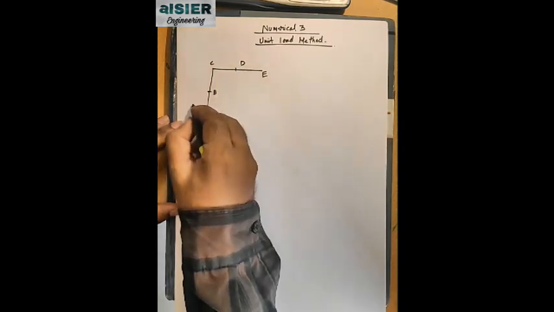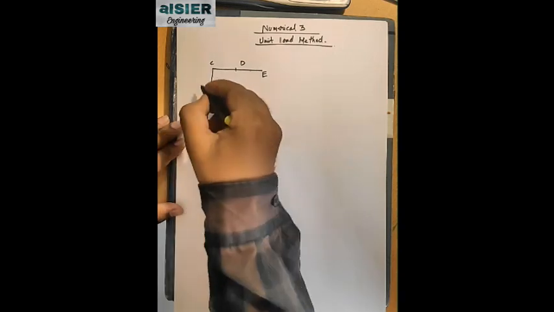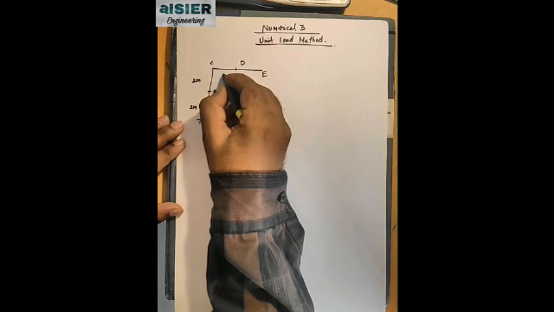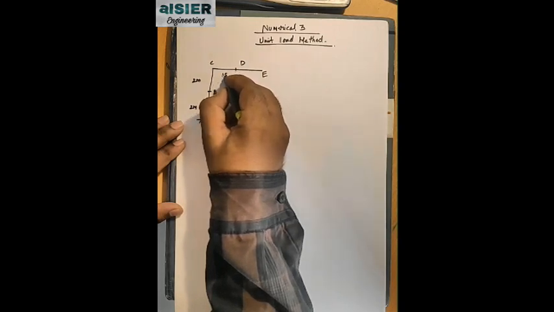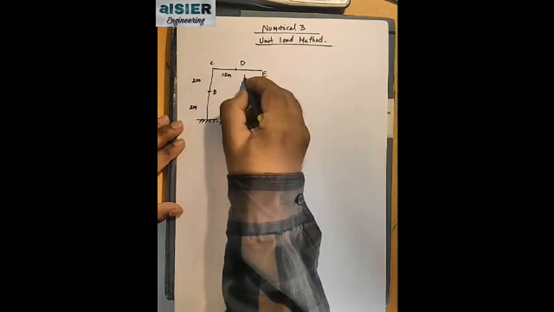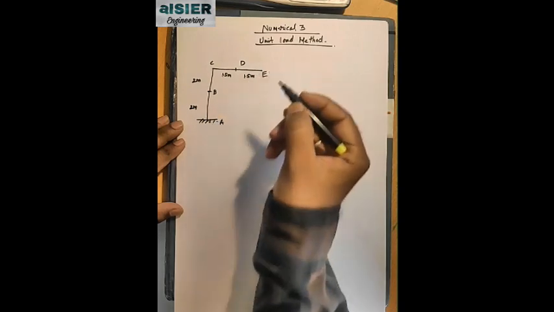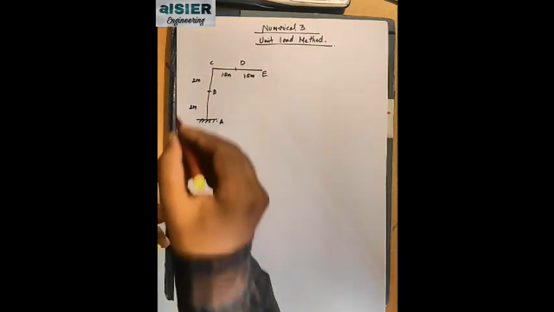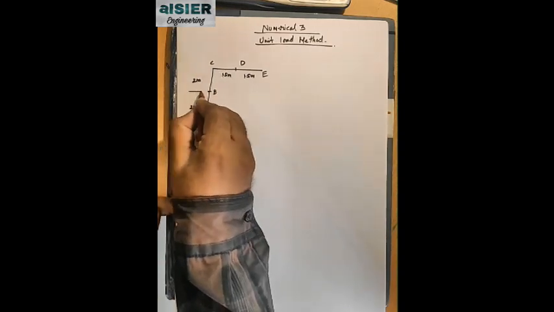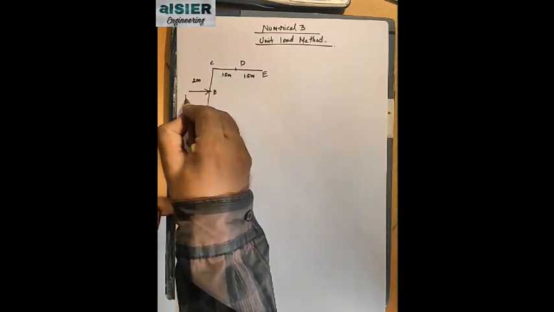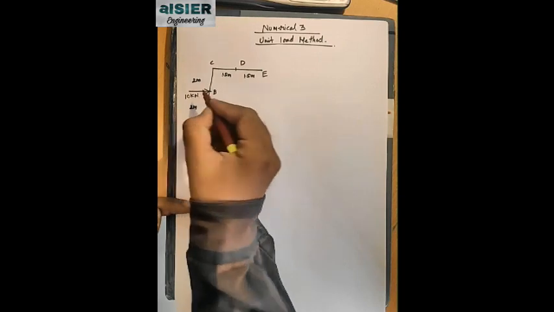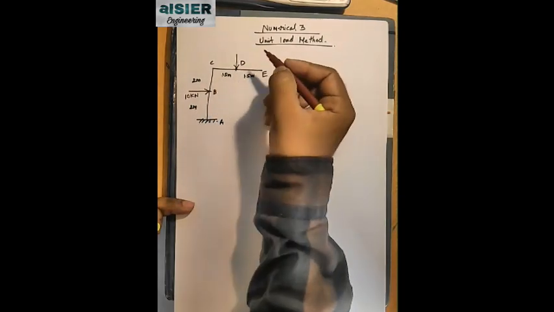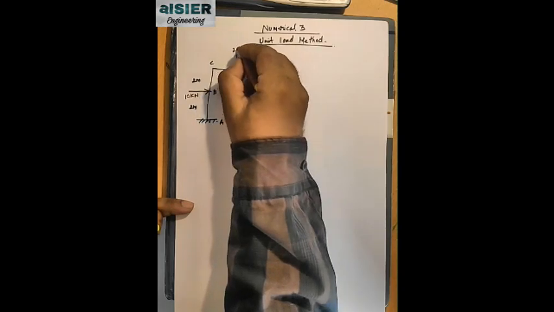Portion AB is of 2 meter, portion BC is of 2 meter, portion CD is of 1.5 meter, similarly DE is of 1.5 meter. Here there is a horizontal concentrated point load at point B of 10 kilonewton. Similarly, there is a vertical load of 20 kilonewton.